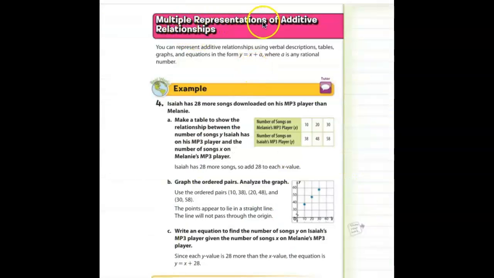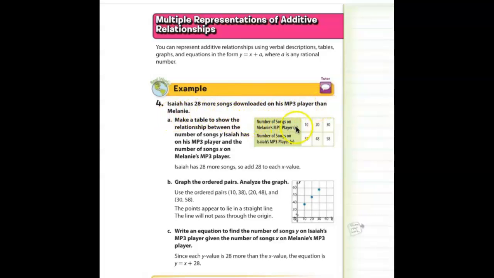Okay, so multiple representations of additive relationships. So basically, the equation will be based on y is equal to x plus some constant number, any rational number. We can create tables showing this, and we can create graphs showing this. So the verbal description says Isaiah has 28 more songs downloaded on his MP3 player than Melanie.